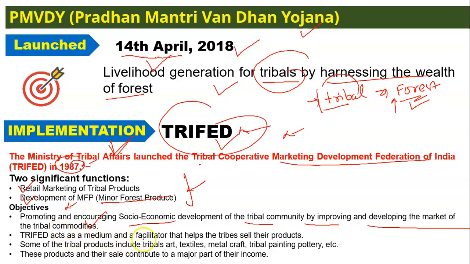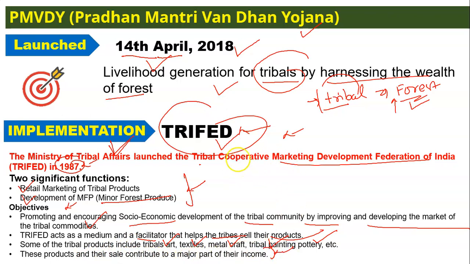It acts as a facilitator that helps the tribals sell their products, and some of the tribal products include tribal arts, textile, metal craft, tribal painting, pottery, etc. These products and their sales contribute to the major part of their income.